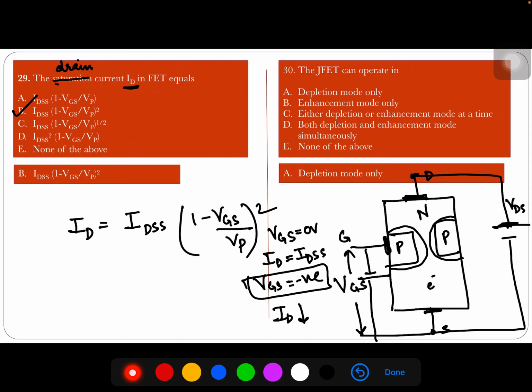So current here never goes in the increasing mode. Depletion means decreasing. Enhancement means increasing. As the current only decreases, it has never been studied or discussed that current increases in JFET. So therefore, JFET can only work in the depletion mode. So the correct answer is A, that is depletion mode only.